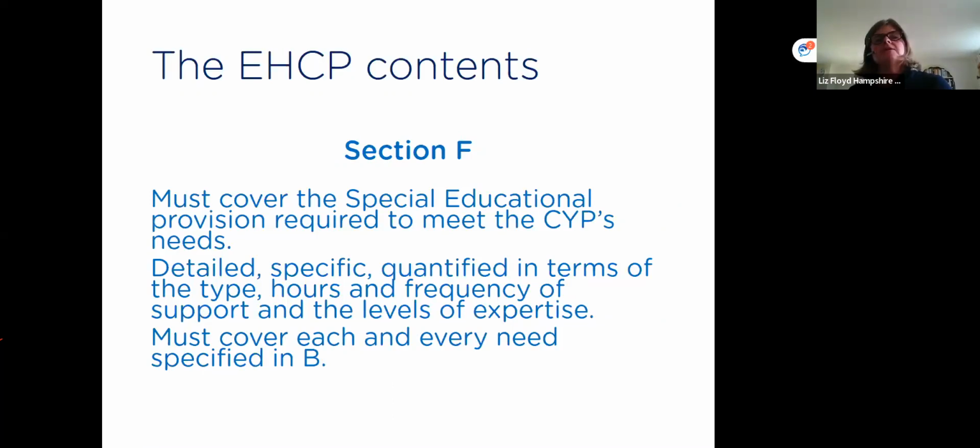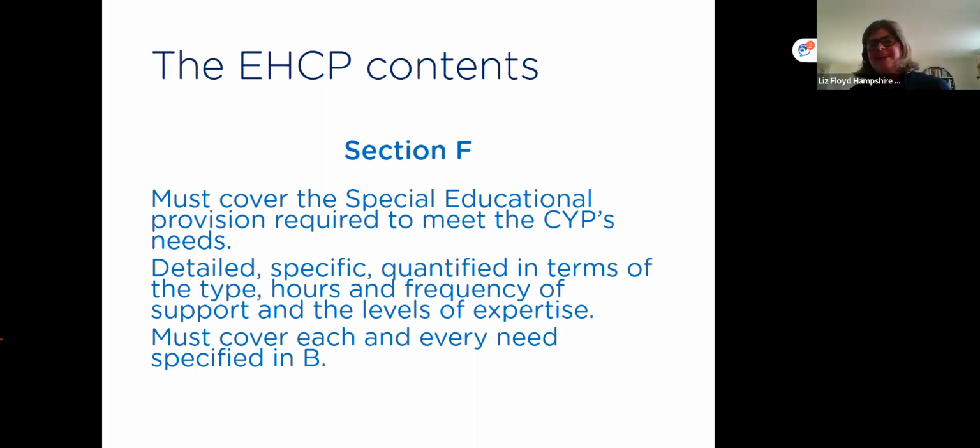Section F must cover the special educational needs provision, and it must be detailed, specific, and quantified in terms of the type of provision, how many hours of it is needed, and the frequency of it. It's no good saying regular, because Halley's Comet is regular.